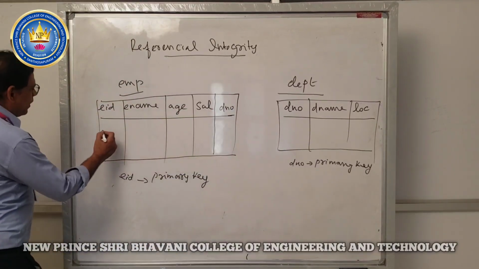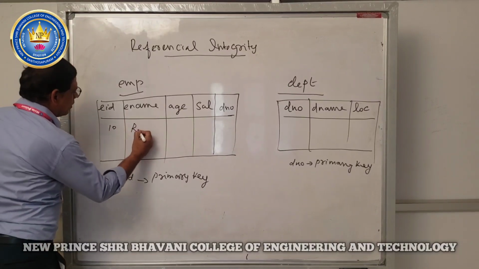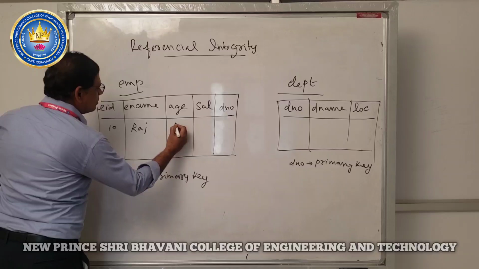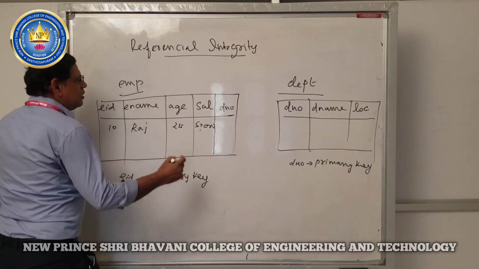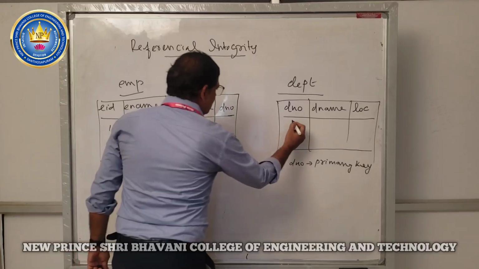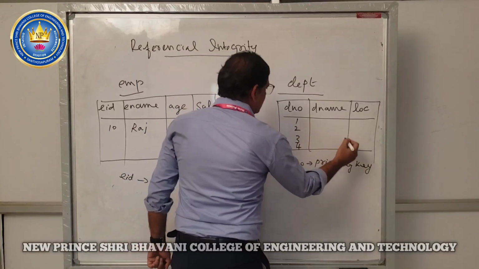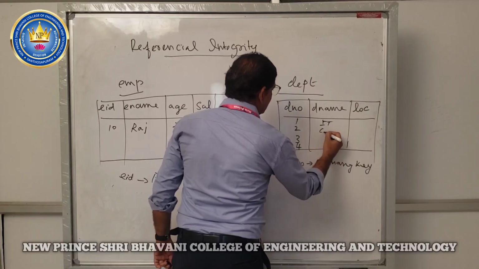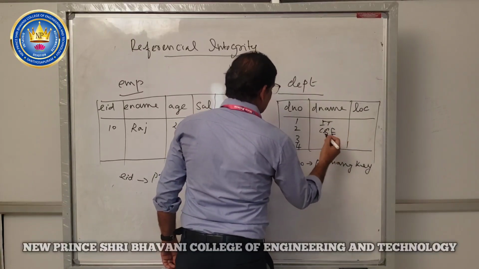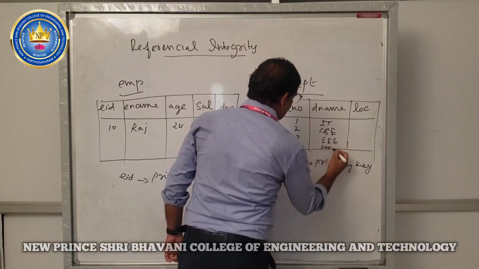For example, employee ID 10, employee name Raj, age 24, salary 57,000, department number. Assume that we have four departments, 1, 2, 3, 4: IT, CSE, EEE, MEC.